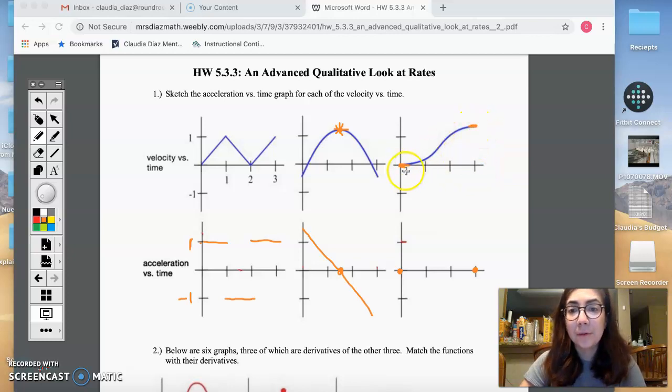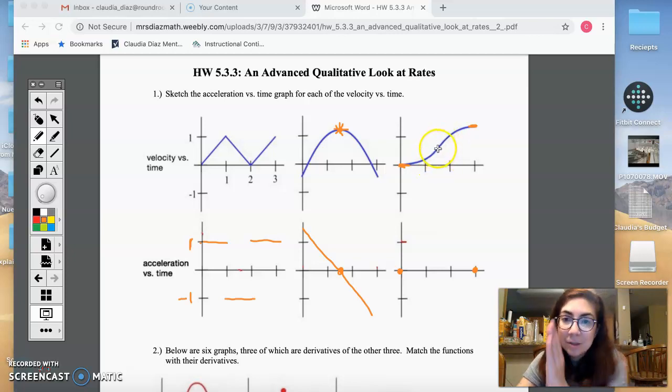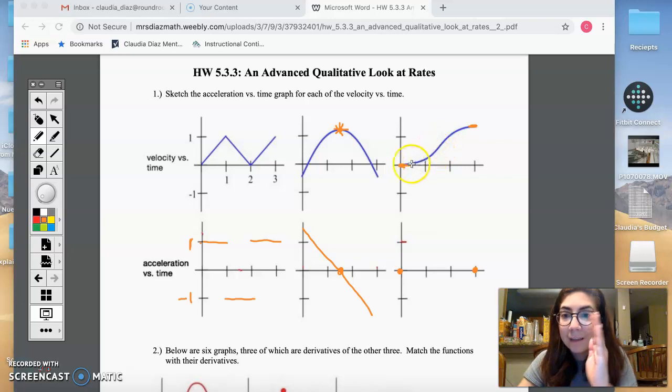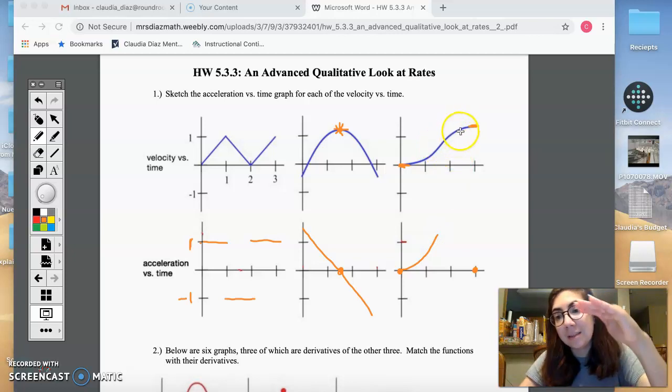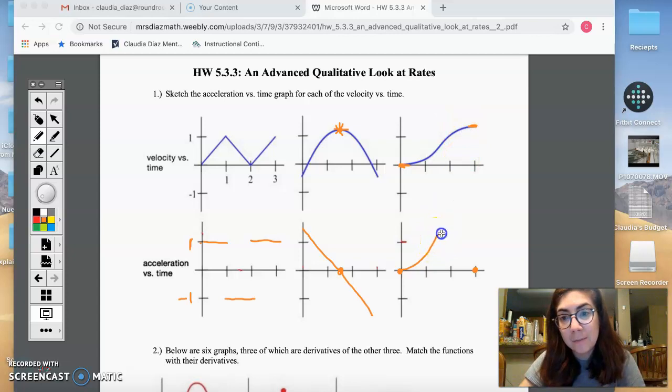Notice it's increasing, and then it's at its maximum here because then it starts to decrease to get back to 0.